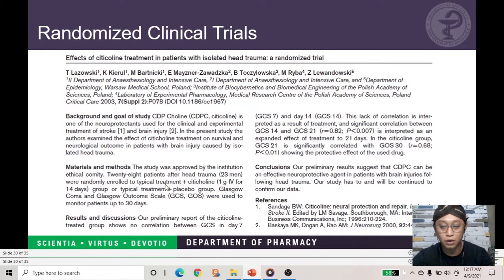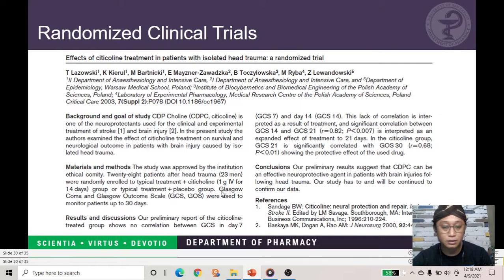This is the normal treatment that they give in their health facilities, with citicoline 1 gram IV for 14 days. Other participants are in the placebo group. They have the similar typical treatment, but they do not receive citicoline.